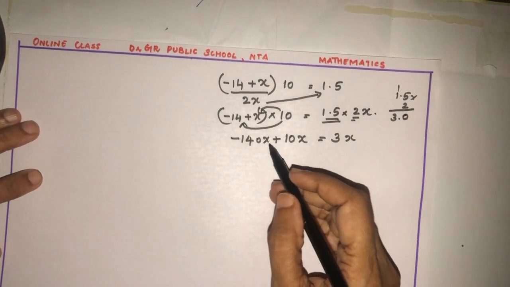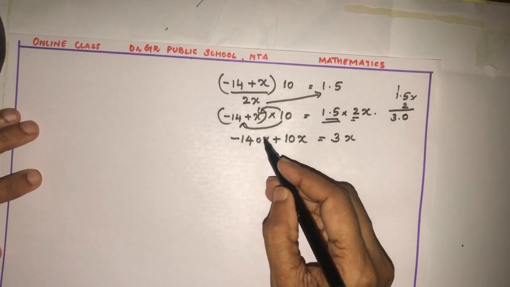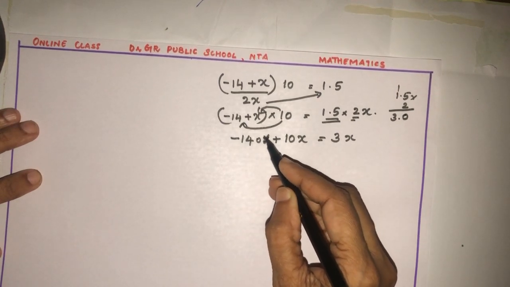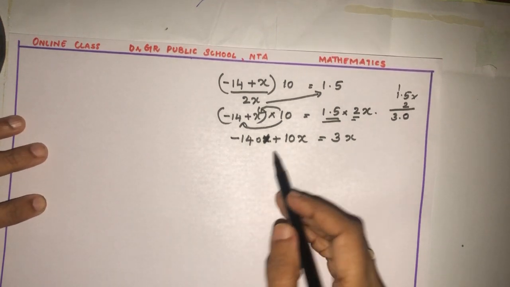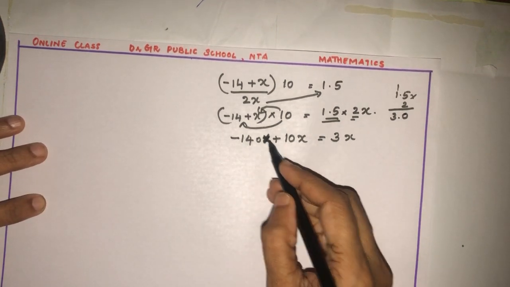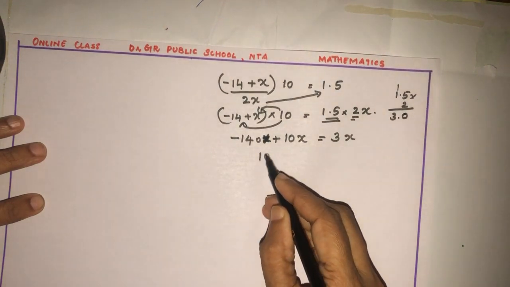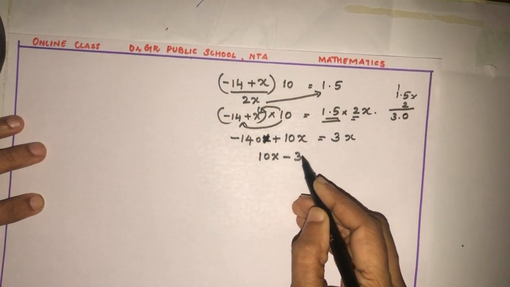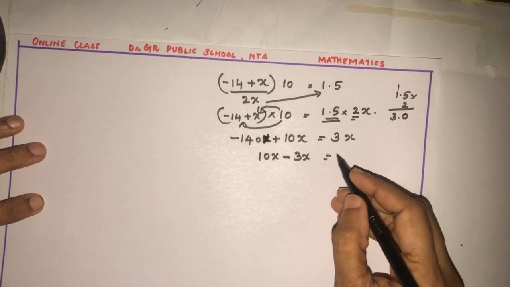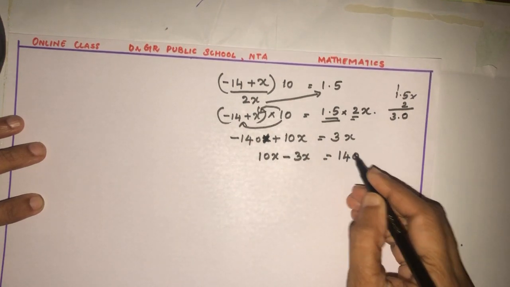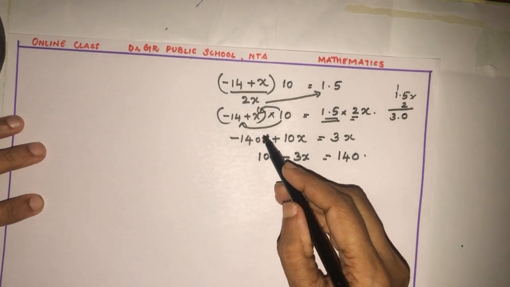Now variable terms you have to take to another side. Here, note 140x, it is 140 only. So 10x minus 3x equal to minus 140 will come as 140. Okay children, here no x.